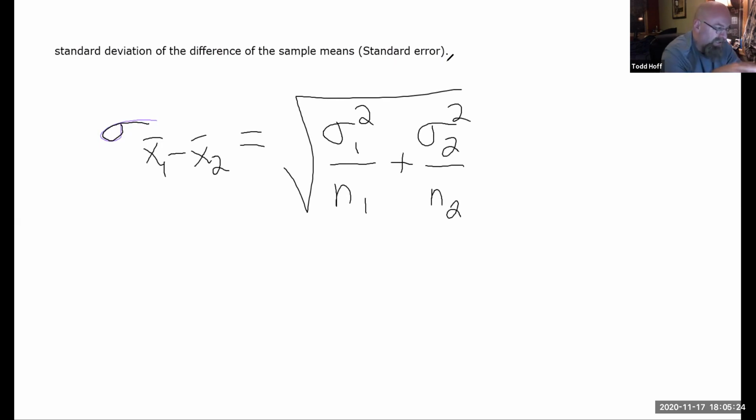Now you see sigma squared is the symbol used for variance. The square of the standard deviation is the variance. Some textbooks say that we're using the variance there rather than the standard deviation squared. It means the same thing.